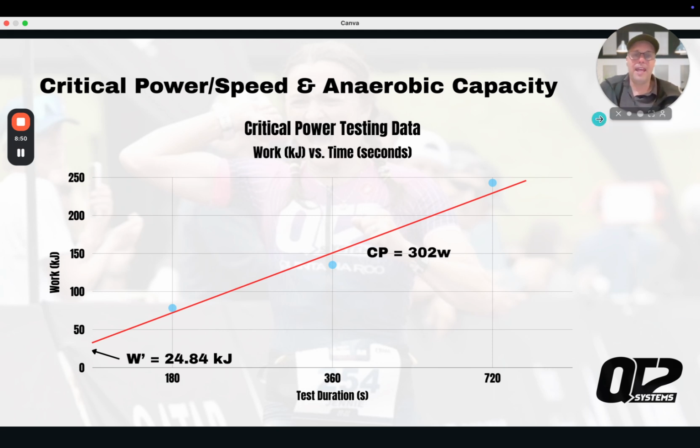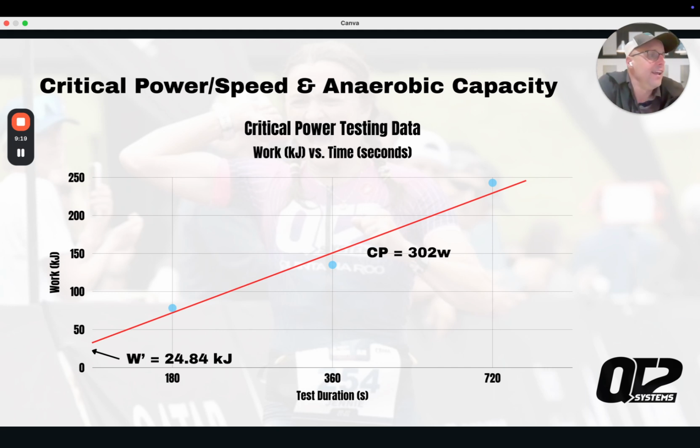So from that, we can determine, take it back to Algebra 1 class, this line's slope, okay, its rise over its run, and its y-intercept, okay? And what's nice is that the slope of this line represents the athlete's critical power. So this is the maximal sustainable rate of energy turnover for the athlete.